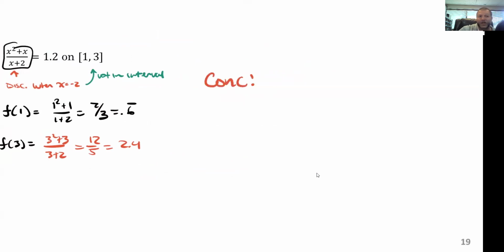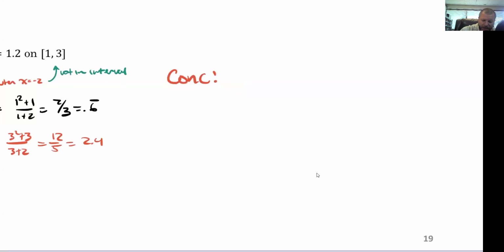If you want a neater, nicer write-up, just check the other nicer answer key that I wrote.